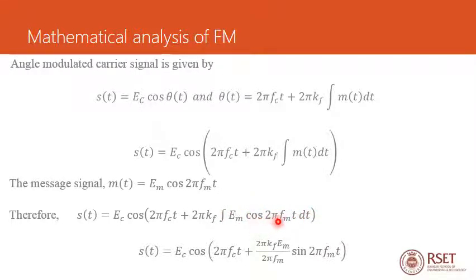The integral of cos 2 pi Fm into t dt becomes sin 2 pi Fm into t divided by 2 pi Fm. So this term becomes 2 pi Kf into Em divided by 2 pi Fm into sin 2 pi Fm into t. This 2 pi and this 2 pi got cancelled. So now the equation has become Ec cos of 2 pi Fct plus Kf into Em into sin 2 pi Fm into t.